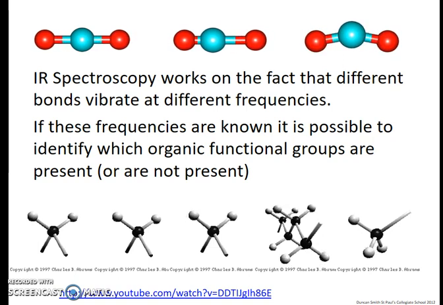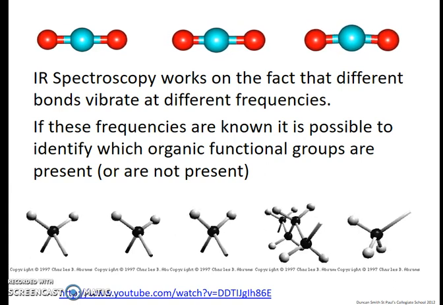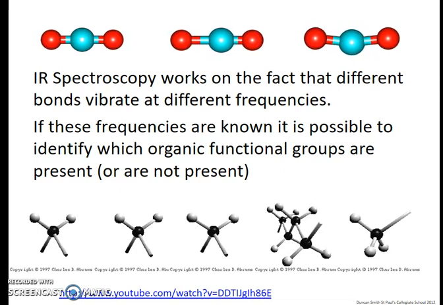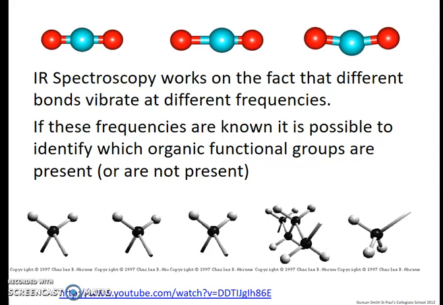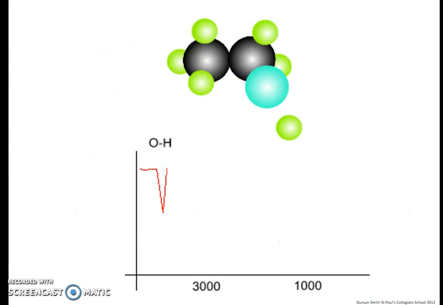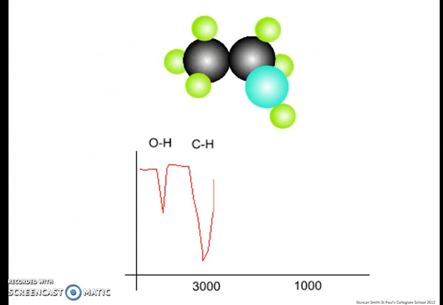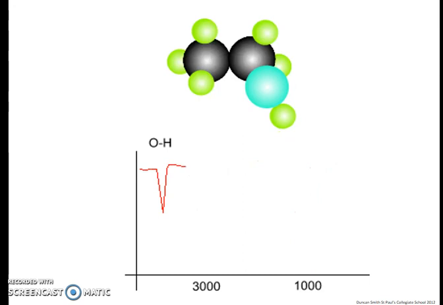Now, when we look at our spectra, what they are is a graph of energy transmittance. So at the top of the spectra is the 100% line, and if there's no energy being absorbed, then 100% of the energy will be transmitted, until something is being absorbed, in which case the transmittance decreases. So let me show you what that means. The molecule shown above is ethanol. Ethanol has carbon-carbon bonds, carbon-hydrogen bonds, hydrogen-oxygen bonds, and carbon-oxygen bonds.